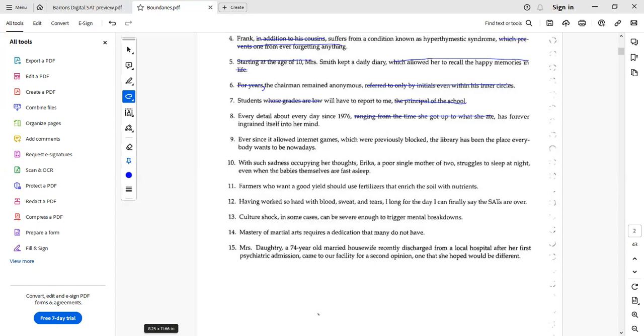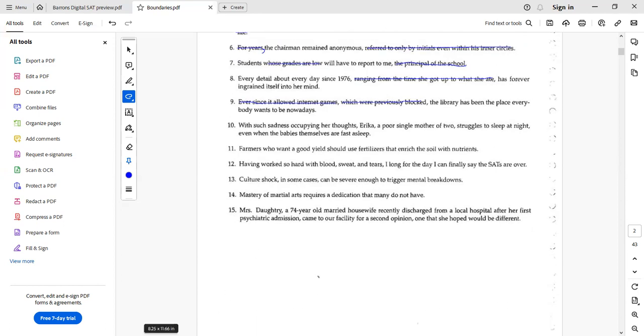Number 9, Dunya. "Ever since it allowed entered games." Okay, this is a subordinate or dependent clause. There is another one: "which until blocked." Perfect, a relative clause. So the main sentence is: the library has been the place everybody wants to be nowadays. Thank you, Dunya. Masa, number 10. "A poor single mother of 2."